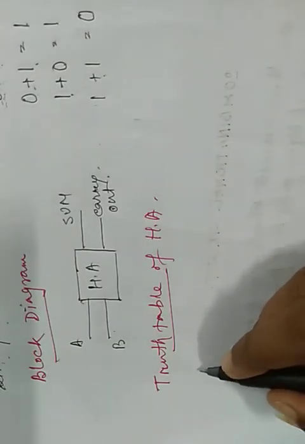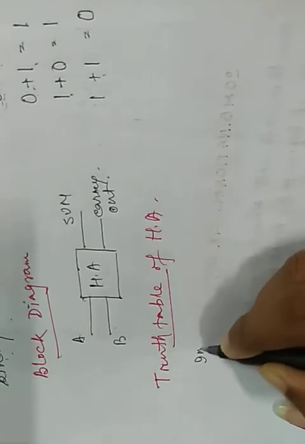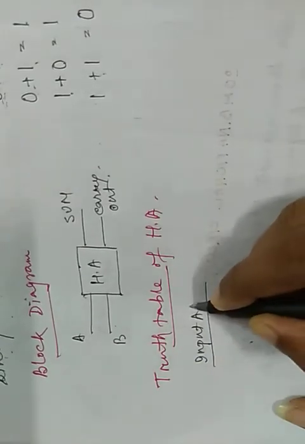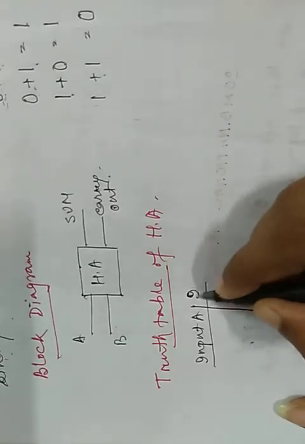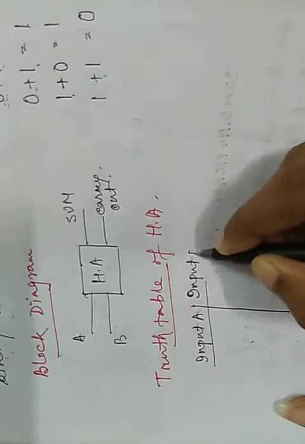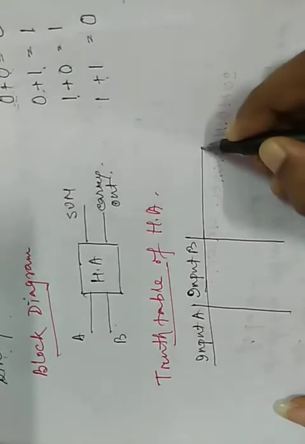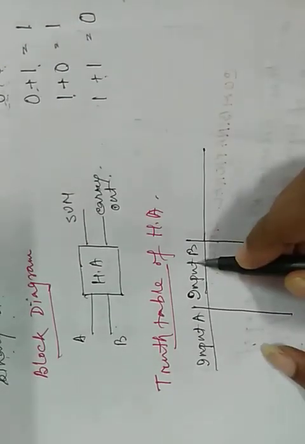So our truth table has input A, input B, and these are the inputs, and for output one we get carry and another we get sum.